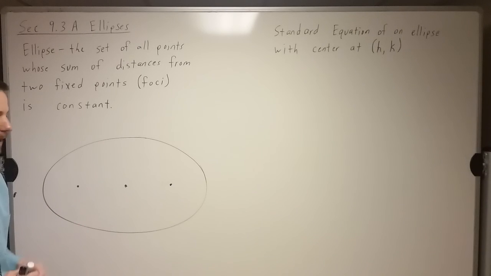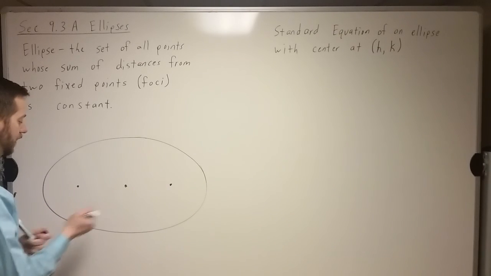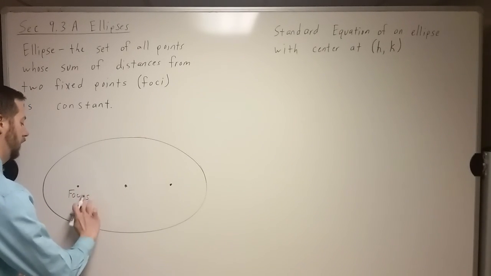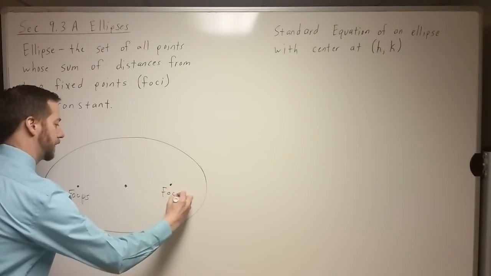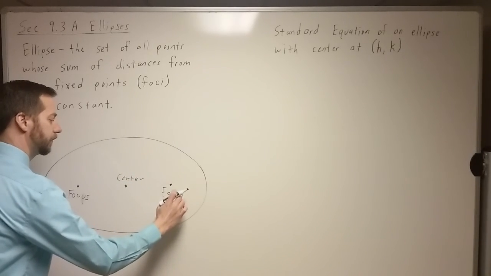So the way we create this shape is if we have our two foci right here and right here. So we've got a focus there, we've got a focus over here. And then here's our center of this.